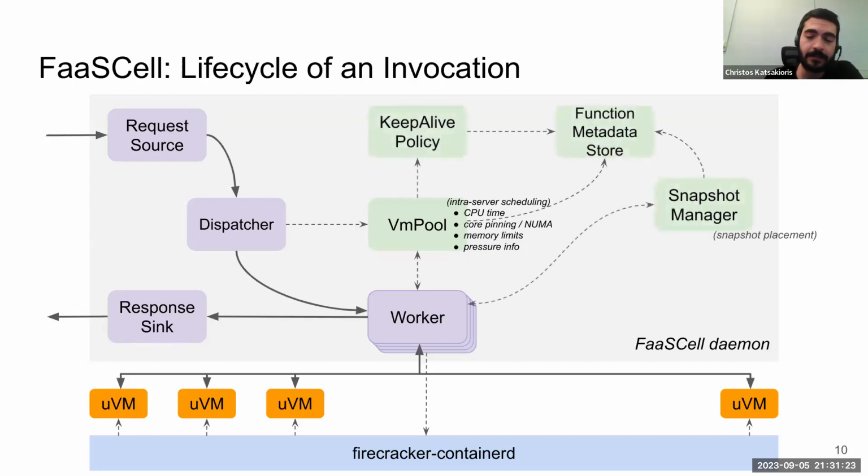VMpool's keep-alive mechanism can be extended with policies that dictate how long its microVM should remain idle, while the snapshot manager is meant to be extensible with algorithms that place microVM snapshots among different configured devices across the storage hierarchy. Finally, there's a performance monitor that exposes APIs to the worker for collecting custom metrics.